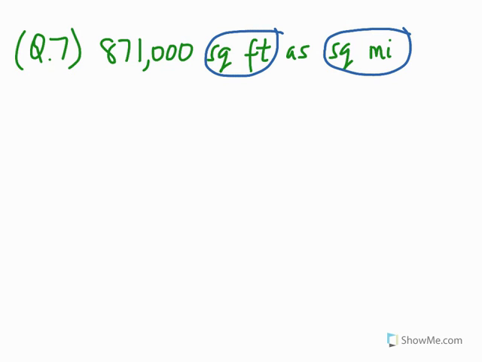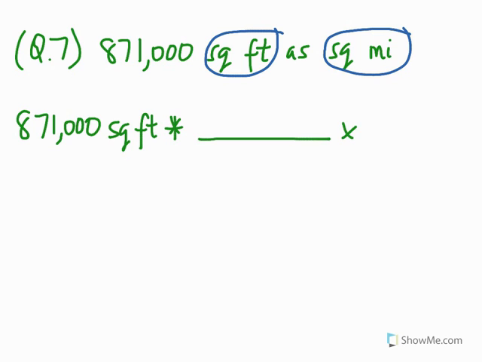If you want to use the unity fraction method to solve it, you will have to set it up correctly. Now, how do we go about this? We will first of all write what we are given, 871,000 square feet, then times. Now we have two guys. We have a guy in between, so we have to use that.